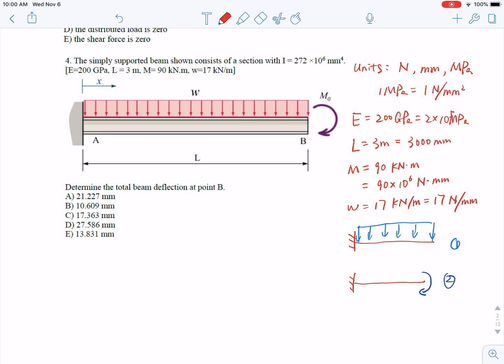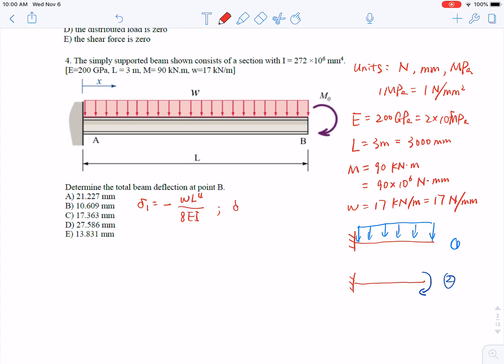Okay, so now we can see that we can select the equations from the tables for beam 1 and beam 2. Both of them, you just need to calculate the maximum deflection, since this is a calculation for the deflection at point B, the largest value on this cantilever. Right? So you just need to select the two equations, then you can calculate delta 1 from beam 1 will be minus WL to the 4th over 8EI.